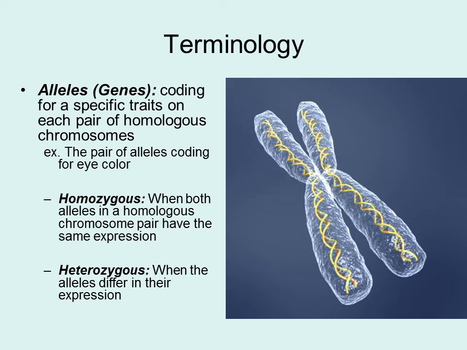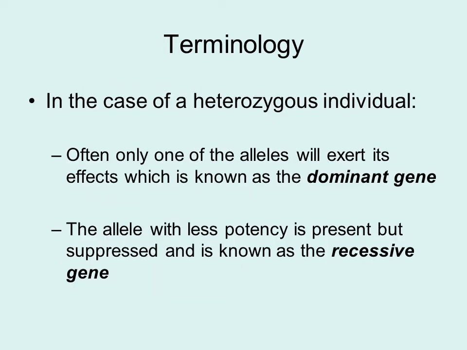They're both coding for eye color, but if they are expressed, the color would be different. When you have an individual then who is heterozygous for a particular trait, such as eye color, we also use the term dominant and recessive.